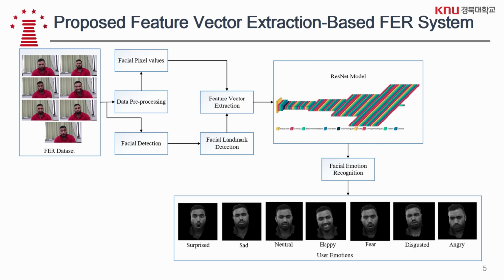The feature vector extraction block combines the raw pixel values plus facial landmark information together, and the output of this feature vector extraction is used for training the model. We used a ResNet model as our deep learning model, and the model classifies the user emotions: surprise, sad, neutral, happy, fear, disgust, and angry.